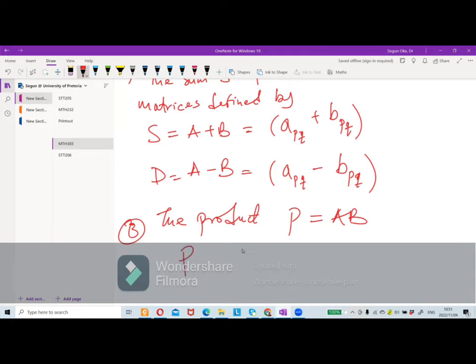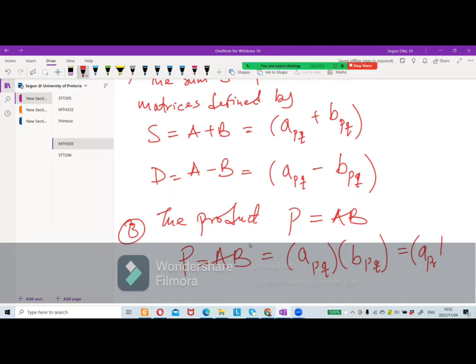That is, P equals AB, the same thing as A PQ and B PQ is equal to A PR and B RQ.